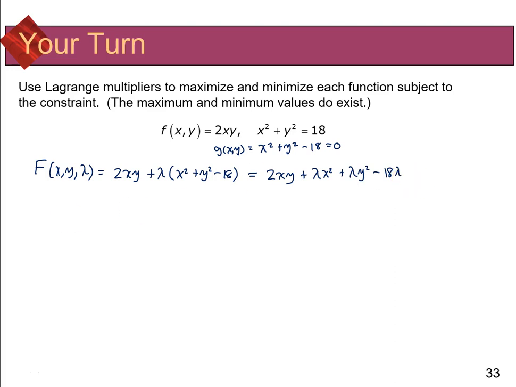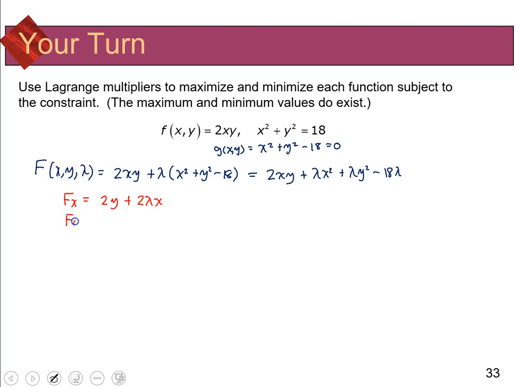Now doing my partials. The partial derivative with respect to x is going to give me 2y plus 2 lambda x. The lambda y squared and the minus 18 lambda are constants with respect to x, so there will be zeros when I differentiate.